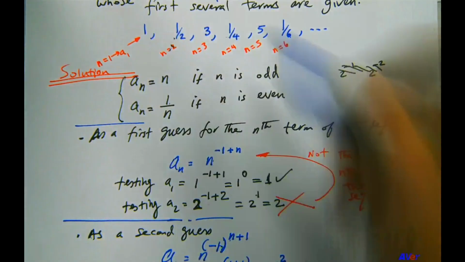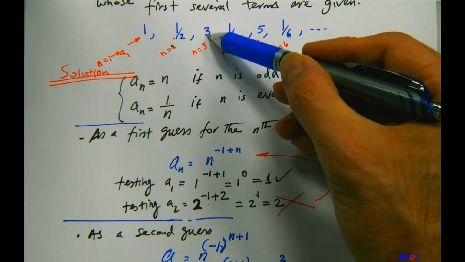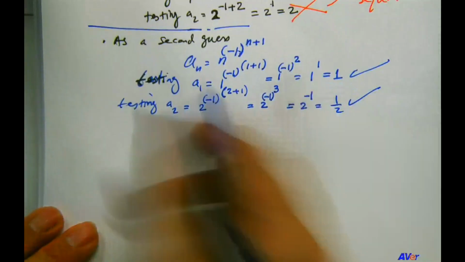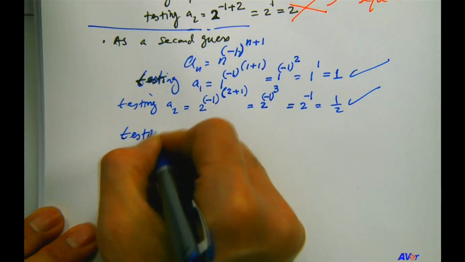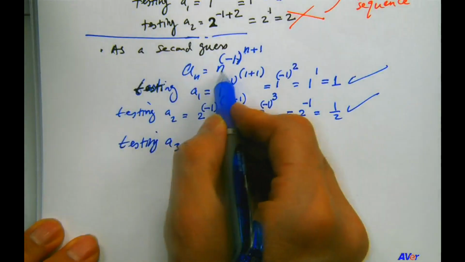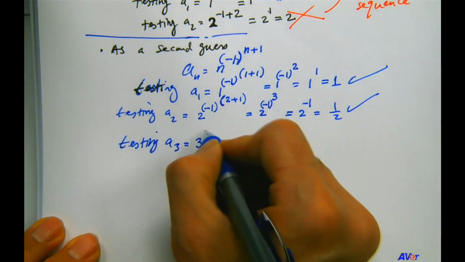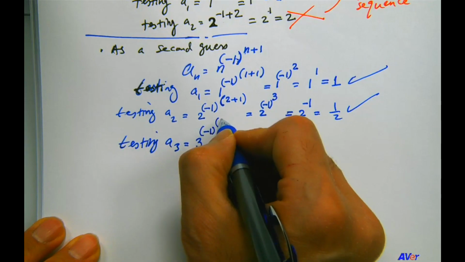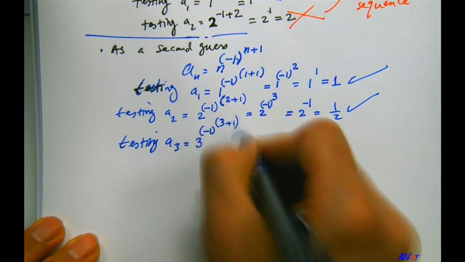So let's see if we're going to get the third digit, which is 3. So testing A3. I'm going to plug in for n with 3. 3 to negative 1, and then raise that to 3 plus 1.